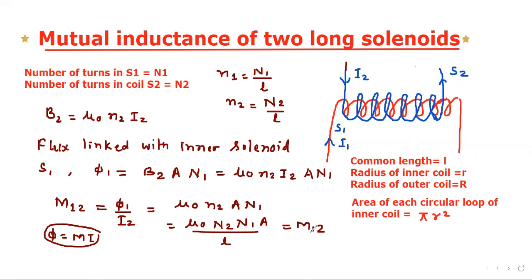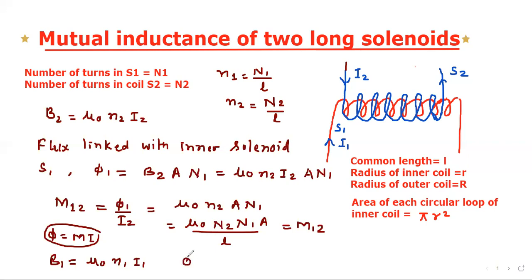Now we reverse the process. That is, current is sent through primary and then it will give rise to magnetic field. So magnetic field when current flows through primary will be B1 equal to mu naught n1 I1, where n1 equal to capital N1 divided by L. Now total flux linked with outer solenoid.